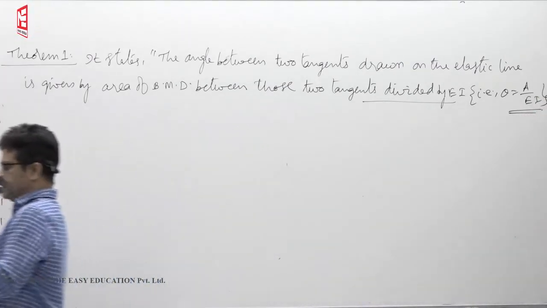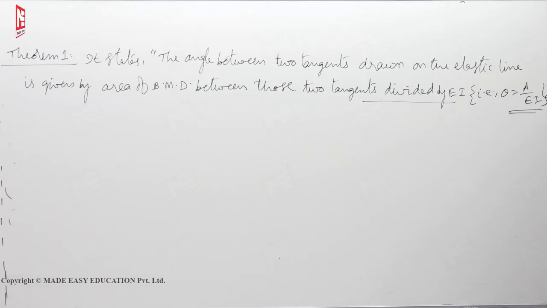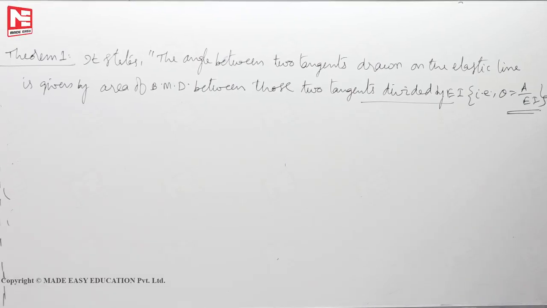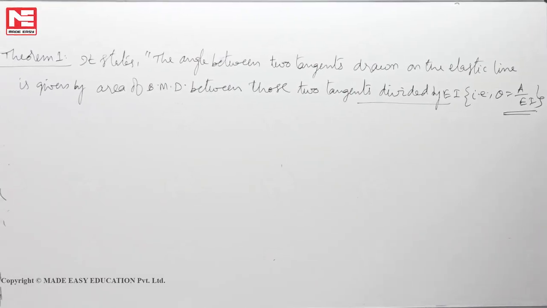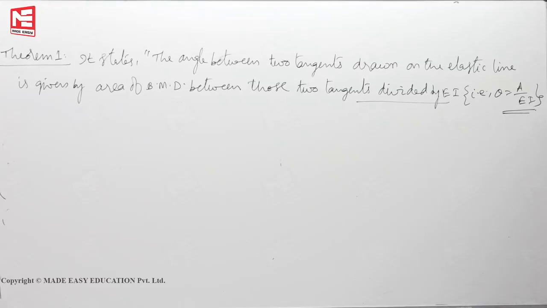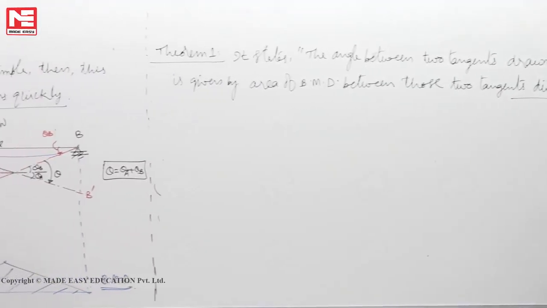Next, what is Mohr's theorem 2? Theorem 2 tells you, this is Mohr's theorem 2. From Mohr's theorem 2, you don't get the beam deflections at all.